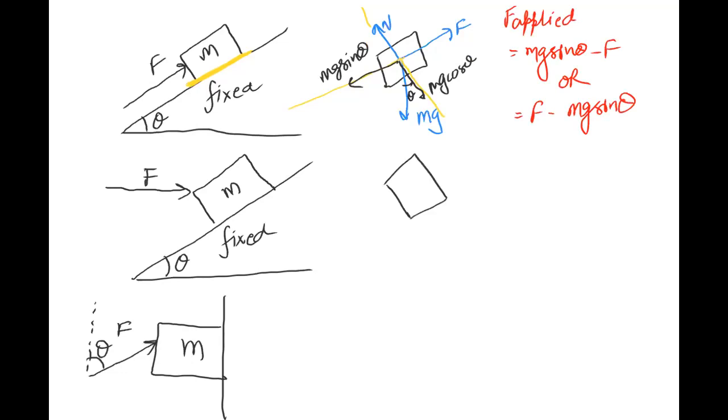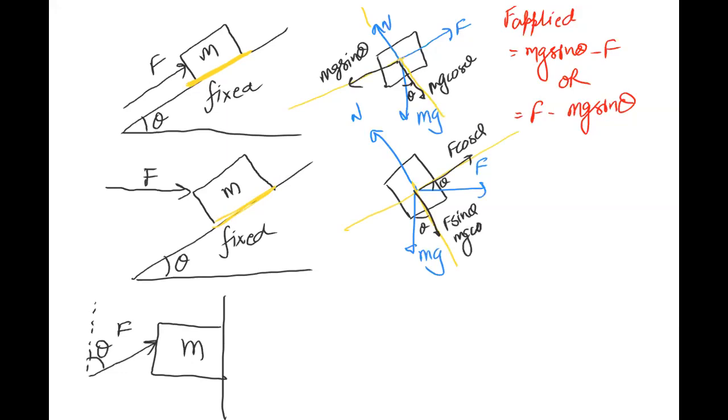So इस case में forces are mg, N and F, and again the interacting surfaces are inclined. इसमें ऐसे बनेगा एक्सिस, ये एंगल थीटा होएगा, ये एंगल थीटा होएगा, so this will be F cosine theta, this will be F sine theta, this will be mg cosine theta, and this will be mg sine theta.